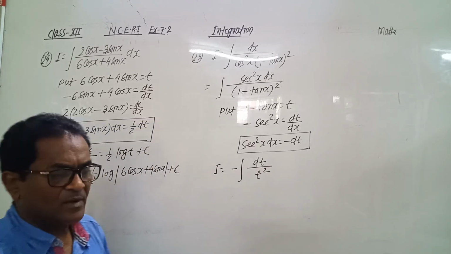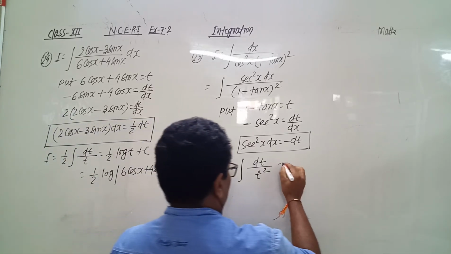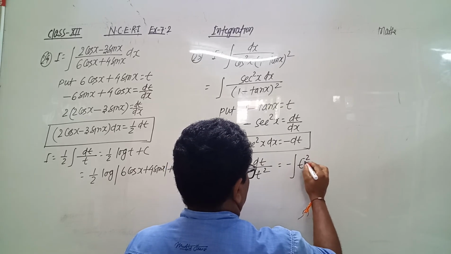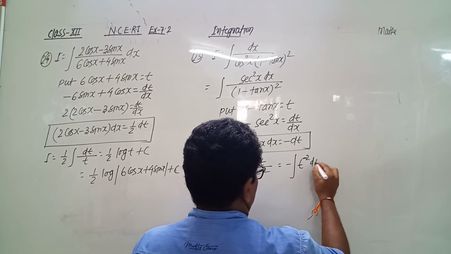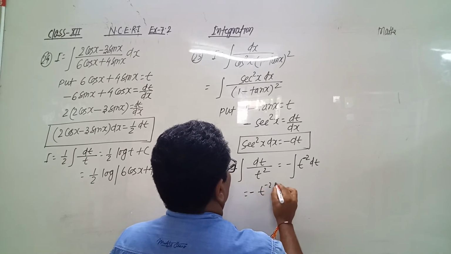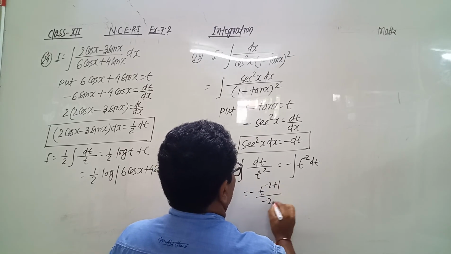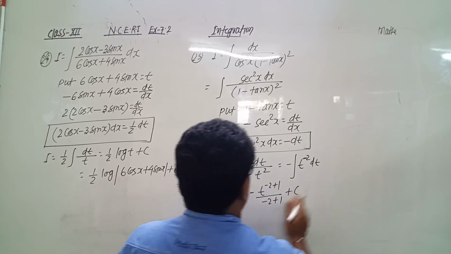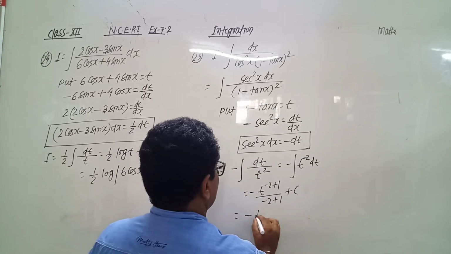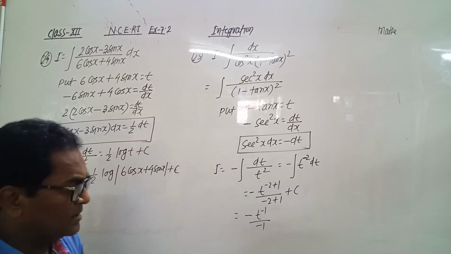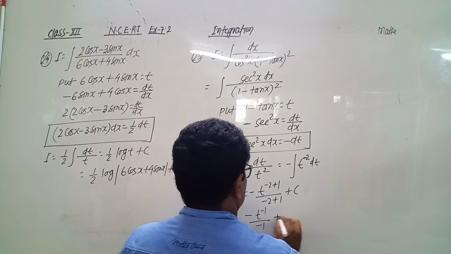So minus 1 by t square is written as t raised to the power minus 2 dt, and then integrate. So t raised to the power minus 2 plus 1 upon minus 2 plus 1 plus c, which is minus t raised to the power minus 1 upon minus 1 plus c.